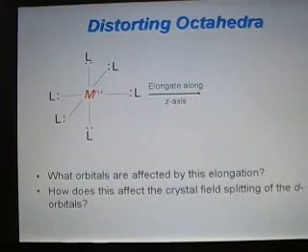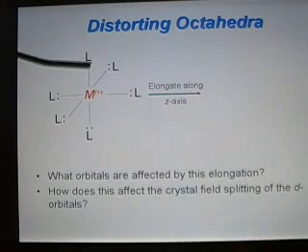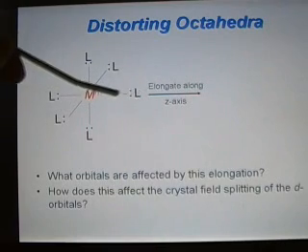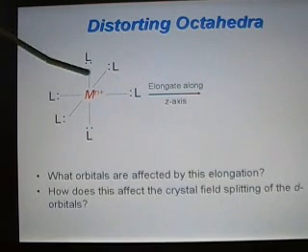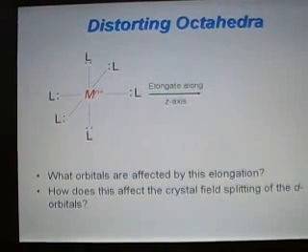Now, we can distort the octahedra as well. There are some electronic effects that will cause an elongation along various axes. Remember, this is the z-axis, this is the x-axis, and this is the y-axis. Now I'm going to just elongate it along the z-axis.